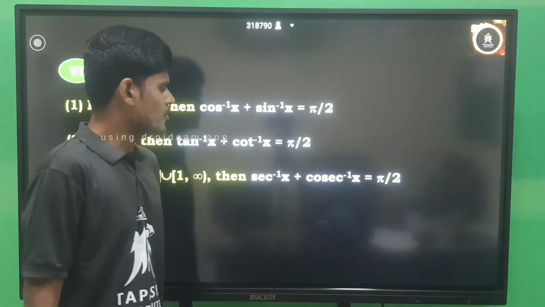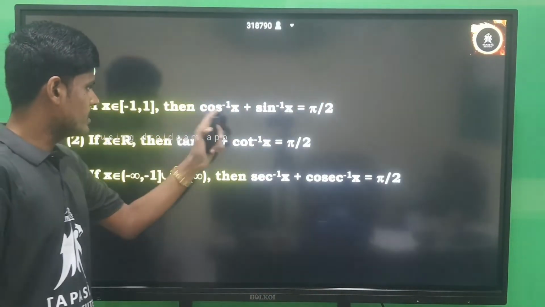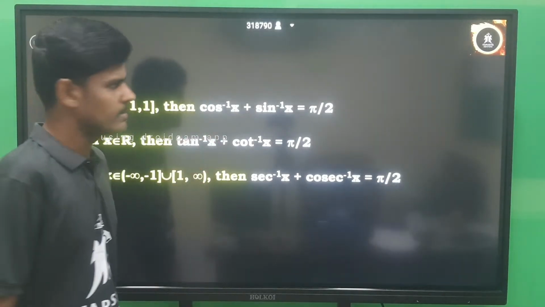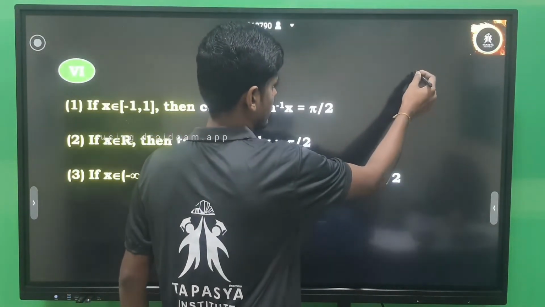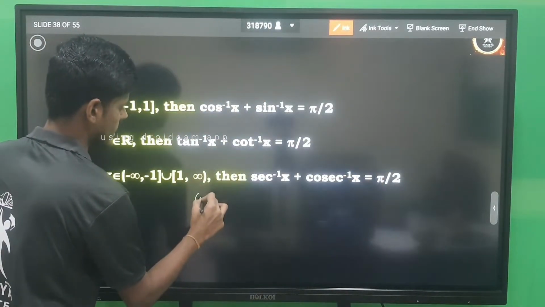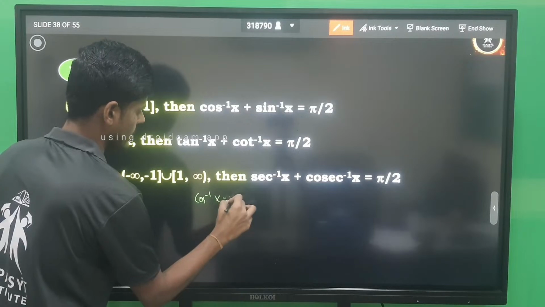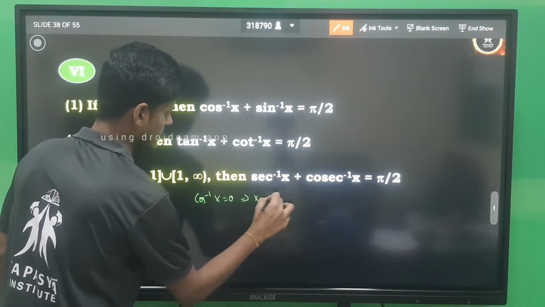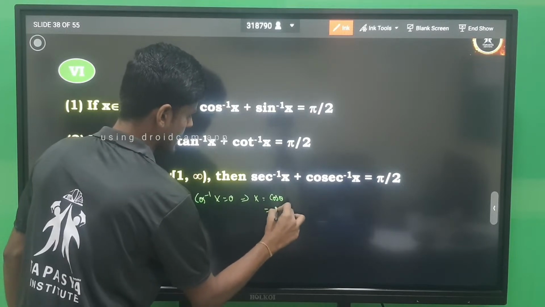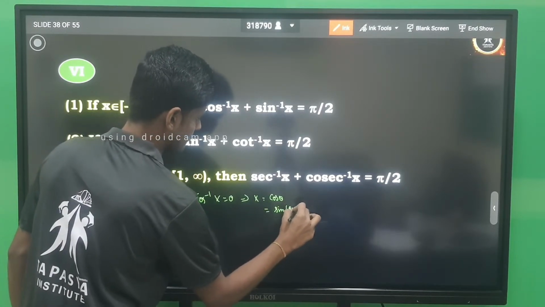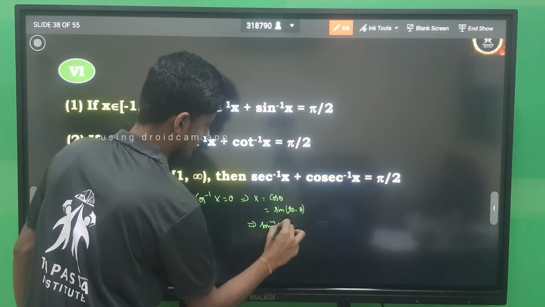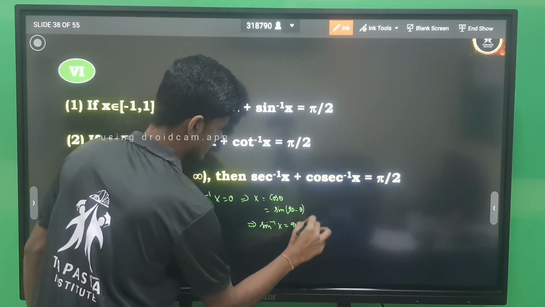Proof is very simple. Let's take cos inverse x equal to theta, which means x is equal to cos theta. This is equal to sine of 90 minus theta, which means sine inverse x is equal to 90 minus theta.